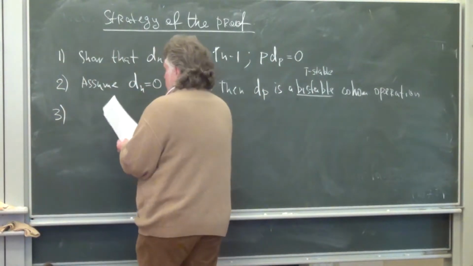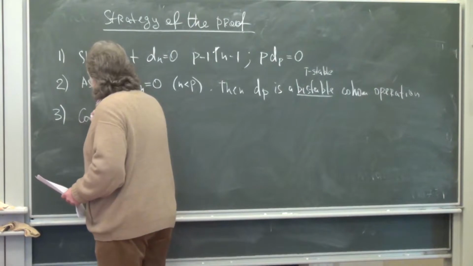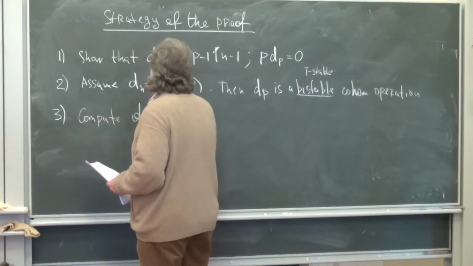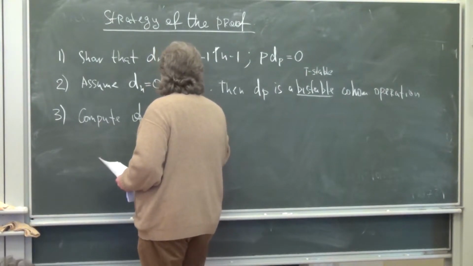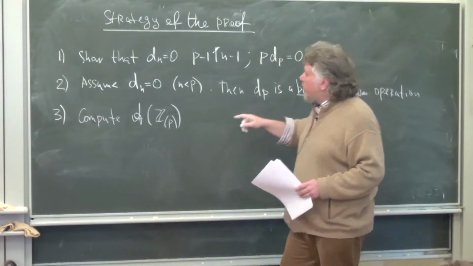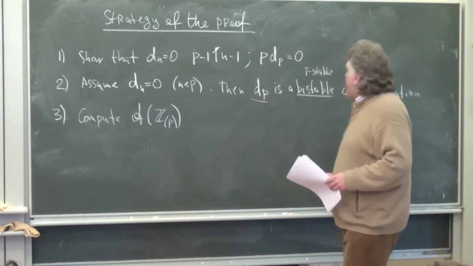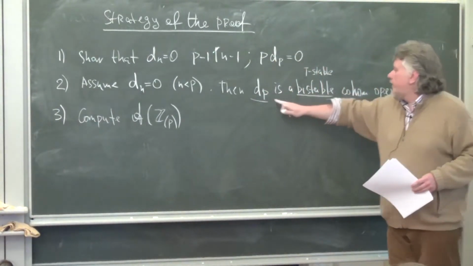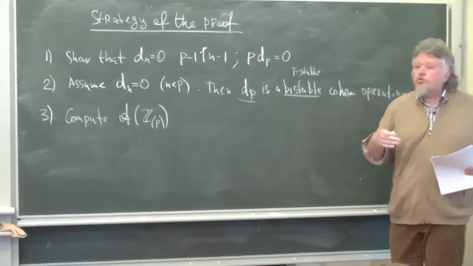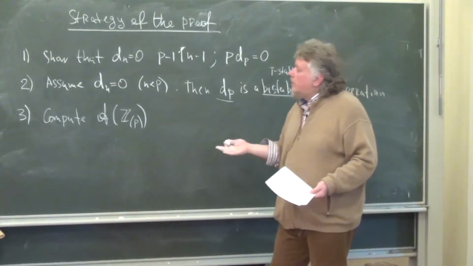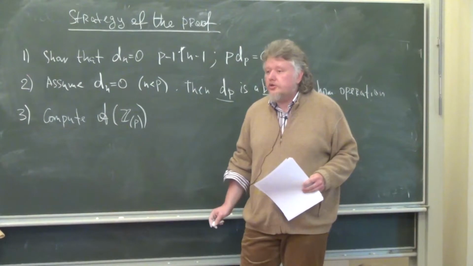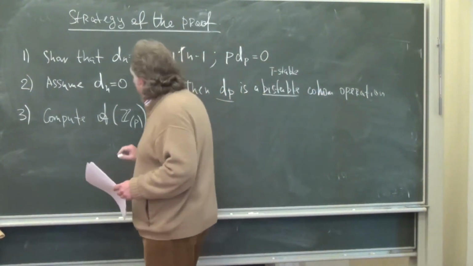The third stage, we should compute Steenrod algebra with p local coefficients. So since our differential d_p is now, assume we now know that this is a stable cohomological operation, so it should be an element of the corresponding Steenrod algebra.